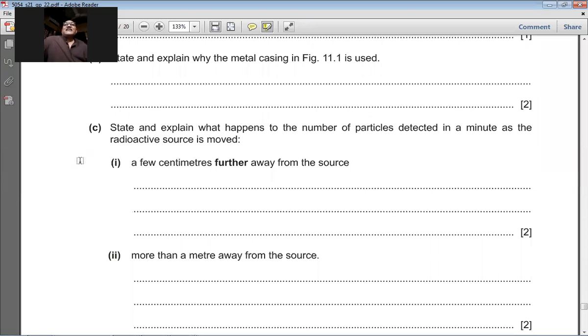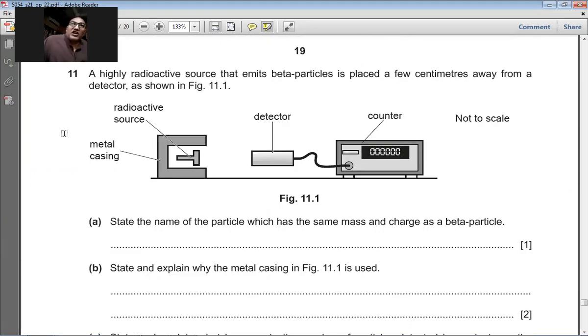So it says: state and explain what happens to the number of particles detected in a minute as the radioactive source is moved a few centimeters further away from the detector. Because you see, this source is producing beta particles, and the penetration power of the beta particles can be up to 1 meter or maybe 1.5 meter. So it's like a few hundred centimeters in the air.